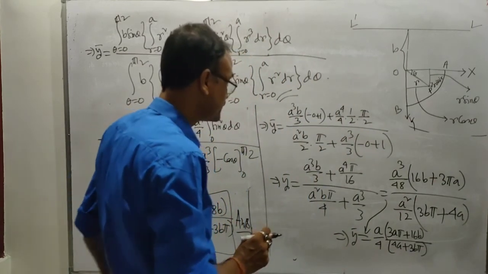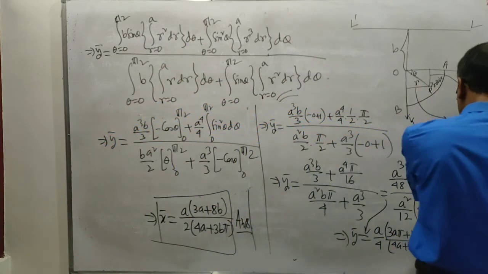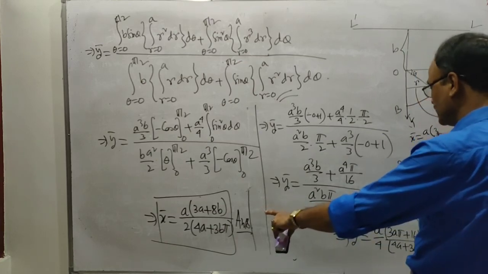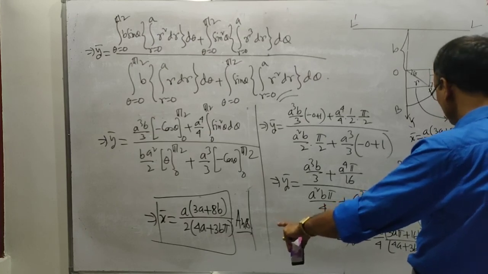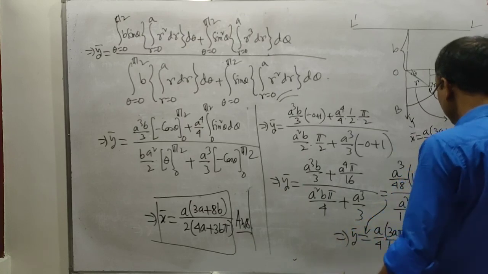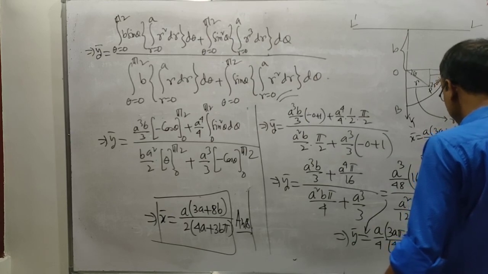Thus we have got x bar equal to A into thrice A plus 8B divided by 2 into 4A plus thrice B pi, and y bar equal to A into thrice A pi plus 16B divided by 4 into 4A plus thrice B pi.